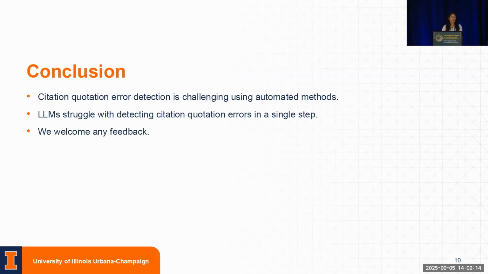I presented a contradicting error earlier. We also have an error which we call irrelevant, which speaks to what you were saying about whether a statement is relevant to the paper. We also have errors that we call misquotes. So these are, let's say, a number was misquoted. One example we have is 23% being misquoted as 32%. So yes.